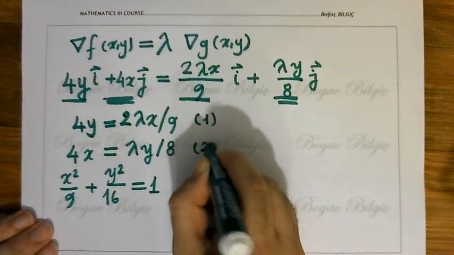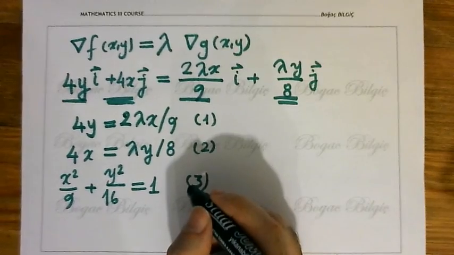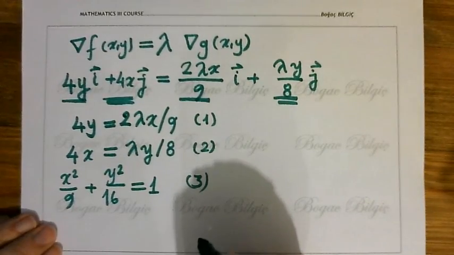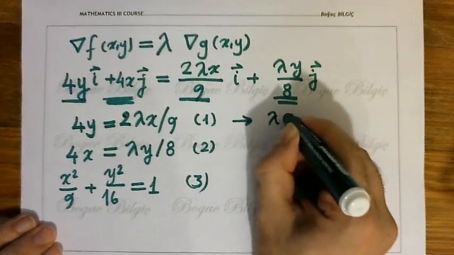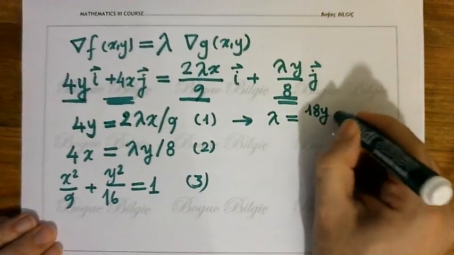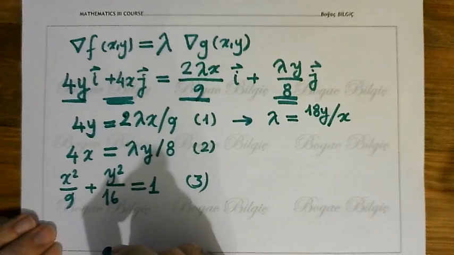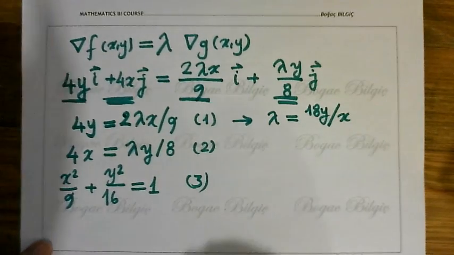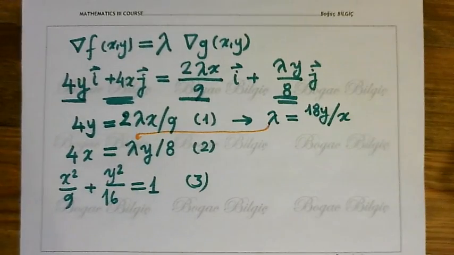First equation, second equation, and third equation. Firstly, from the first equation, you obtain lambda is equal to 18y divided by x.